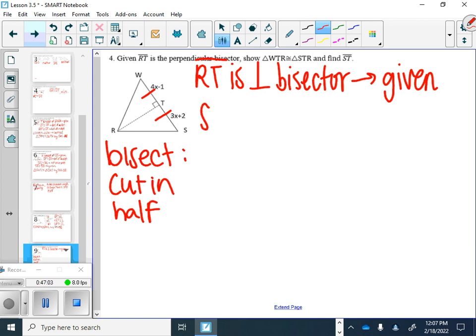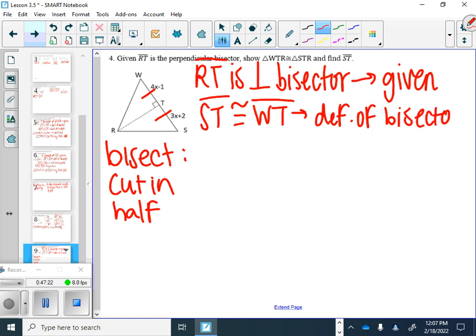So ST is congruent to WT, and instead of saying definition of a midpoint, we'll just say definition of a bisector, because we weren't told that this was specifically a midpoint. We were told it was a bisector. So definition of bisector. Very good.